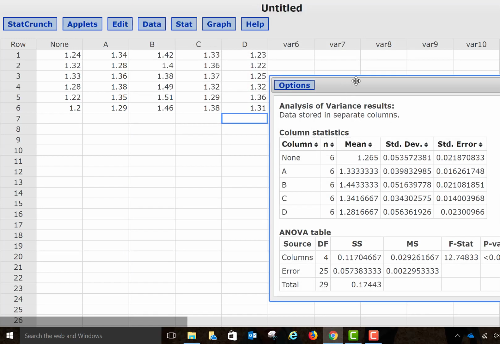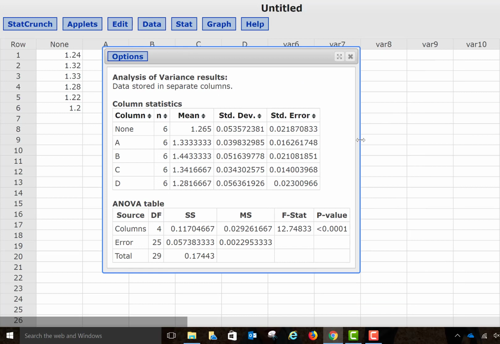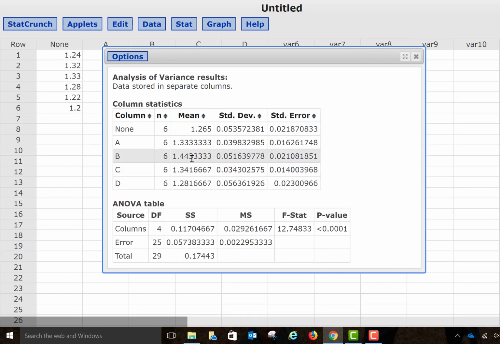And I go with compute, and it gives me this printout, which down here, it will tell me my test statistic, which ends up being 12.748, and then my p-value, it tells me, is less than 0.0001. So now this is where you would have the 2 options.